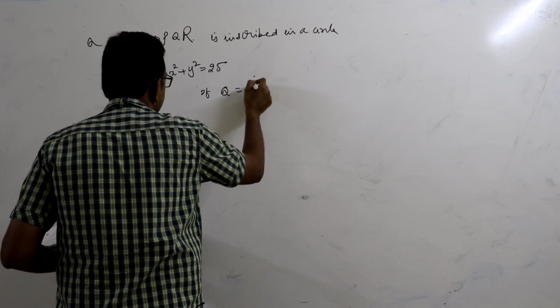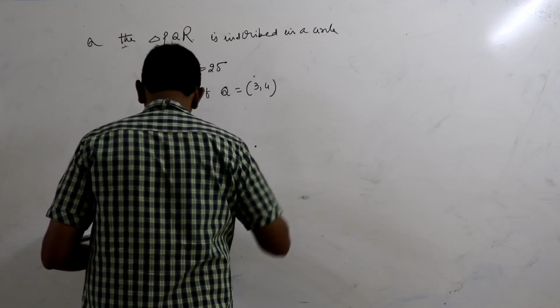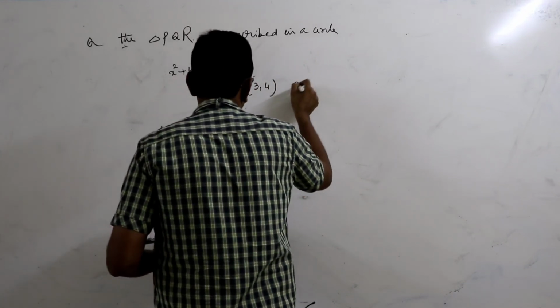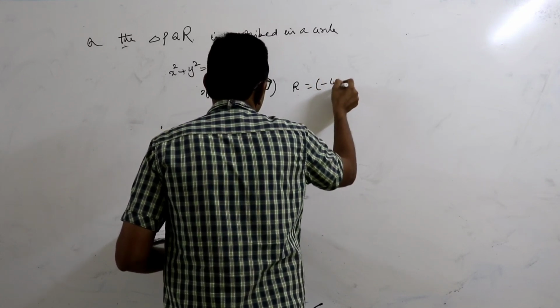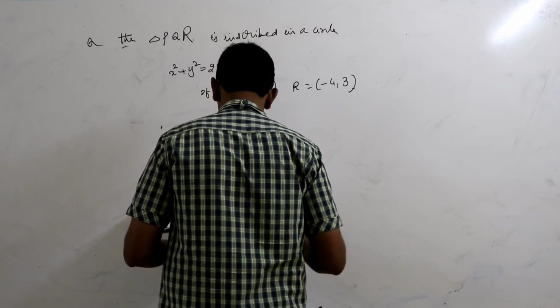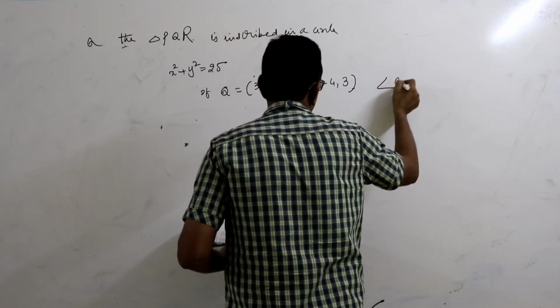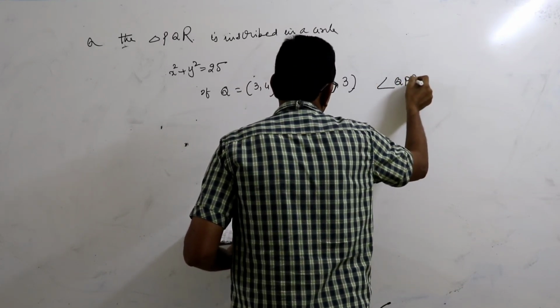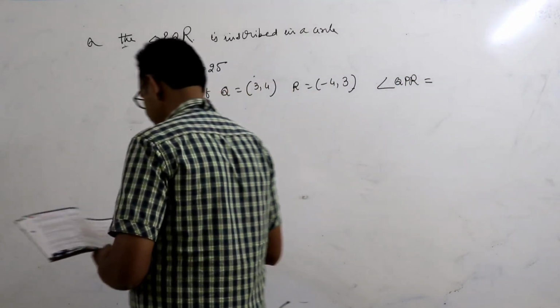If Q is equal to (3, 4) and R is (-4, 3), then angle QPR is equal to?